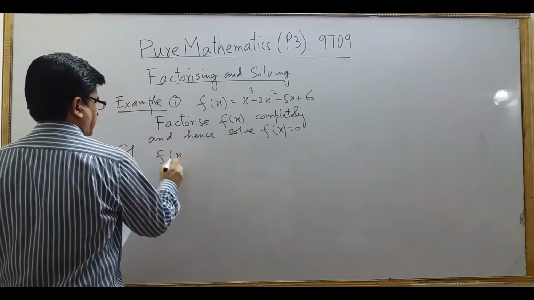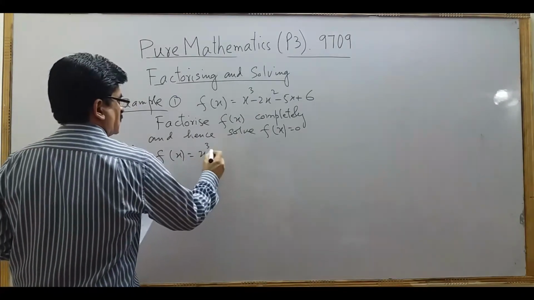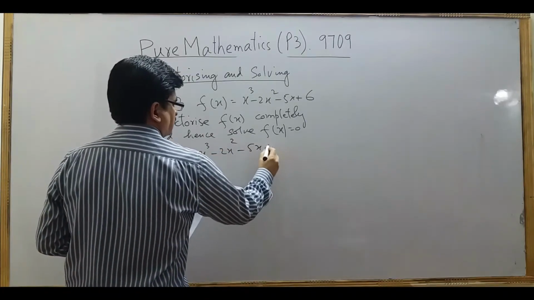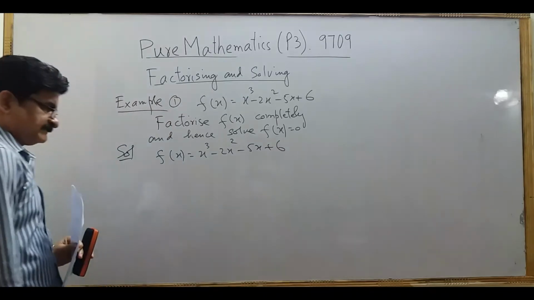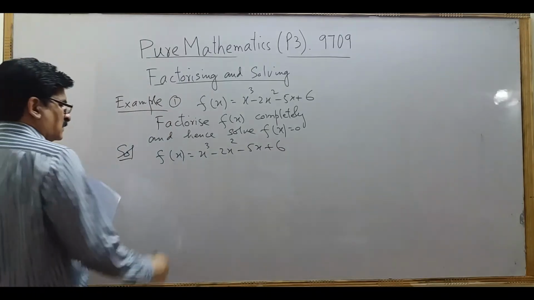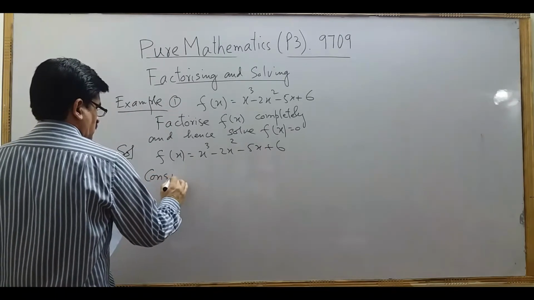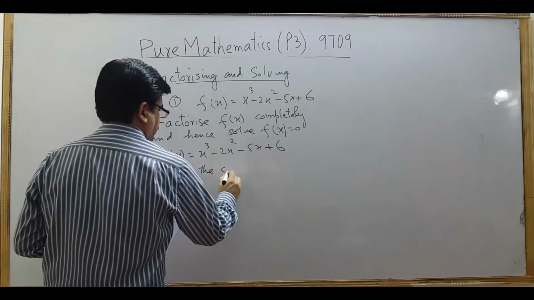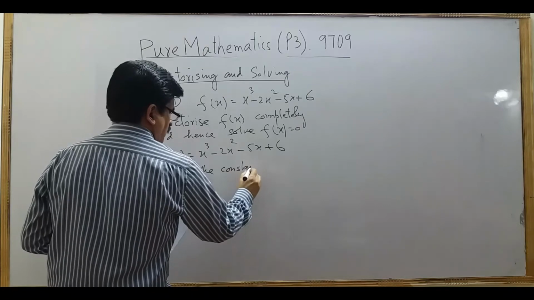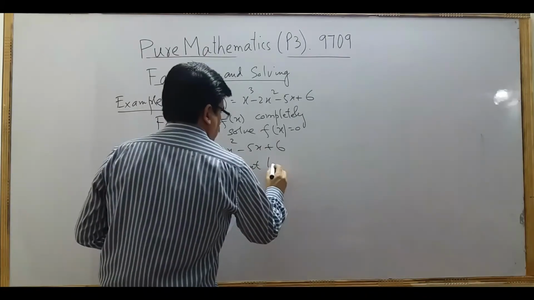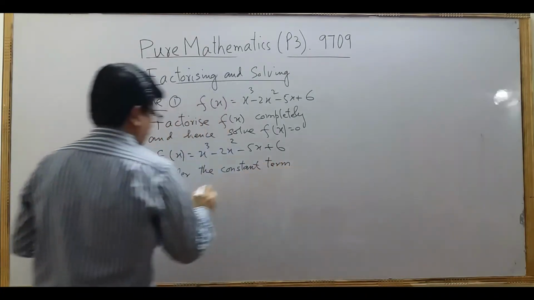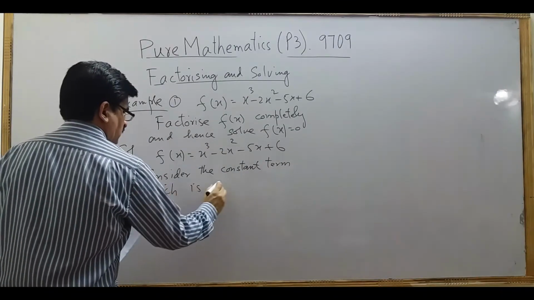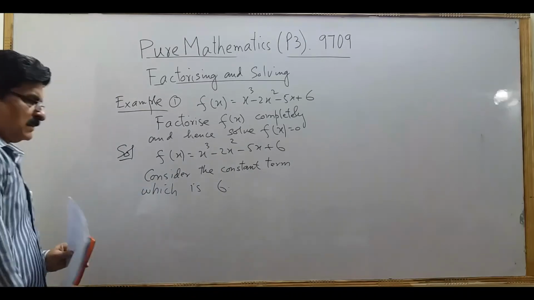We are given that f(x) is equal to x³ - 2x² - 5x + 6. Consider the constant term, which is 6.